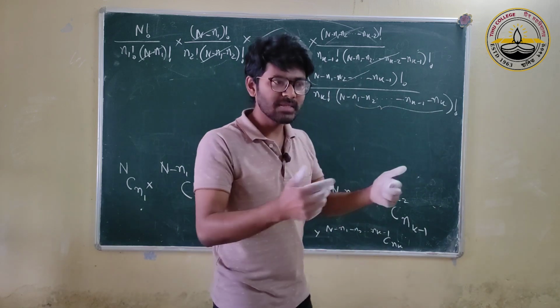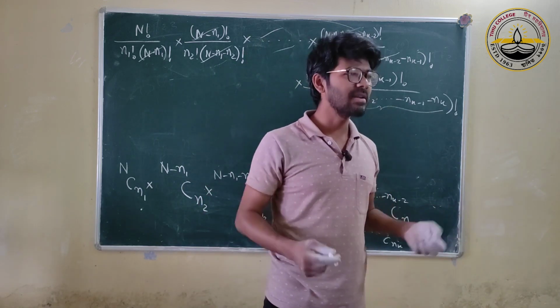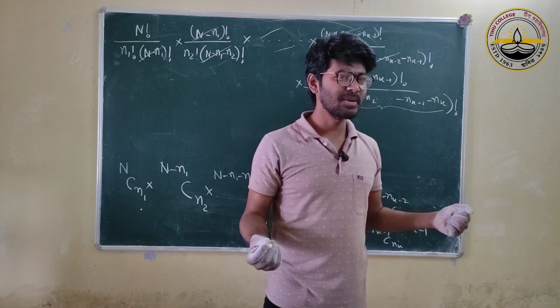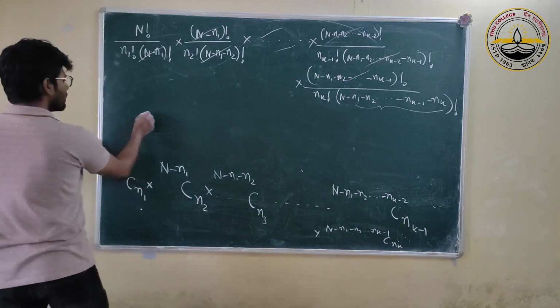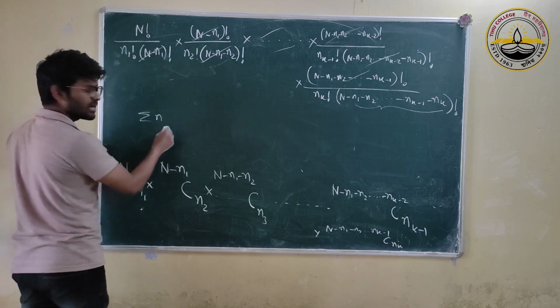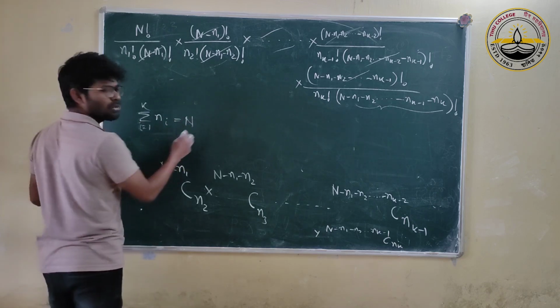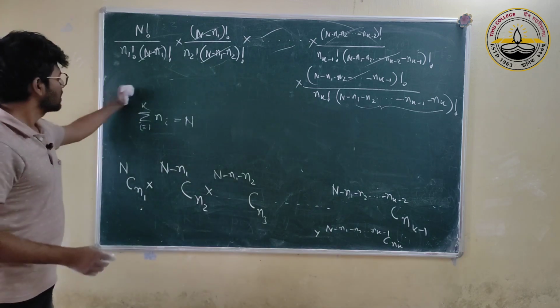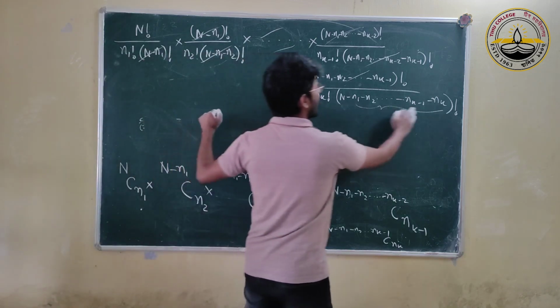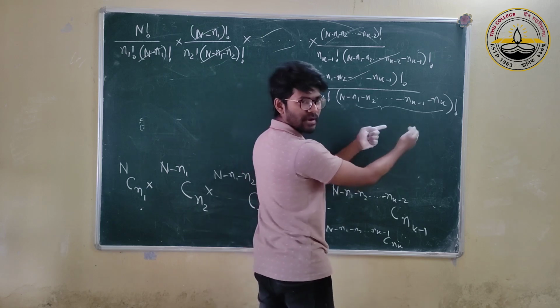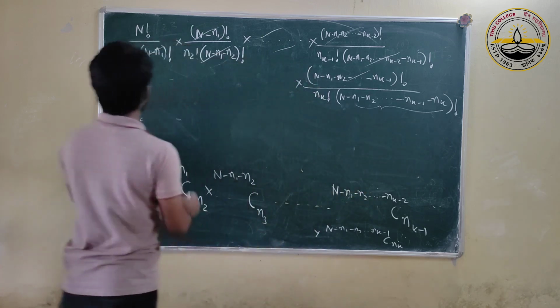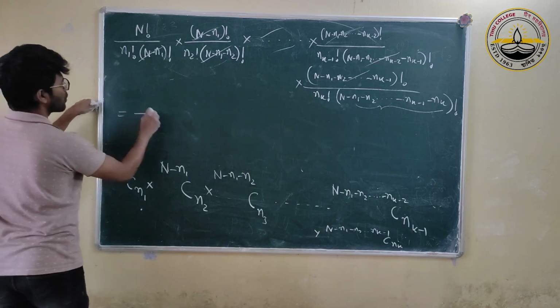If you sum n1 plus n2 plus n3 up to nk, that's n really, because that's the total number you have, right? Sum of ni from 1 to k is nothing but all the particles. So that is n minus n is 0, and 0 factorial is 1. So basically you have a really simple formula.